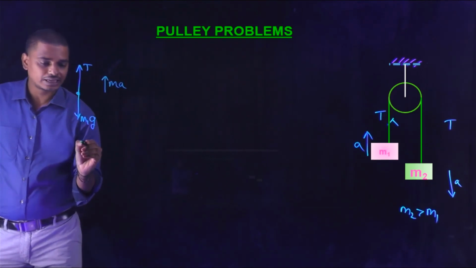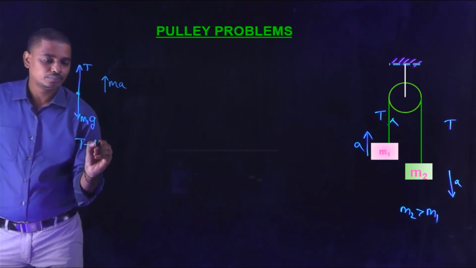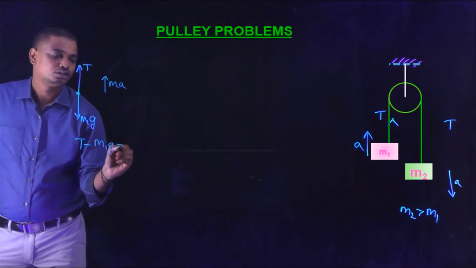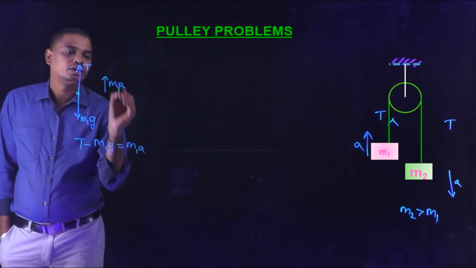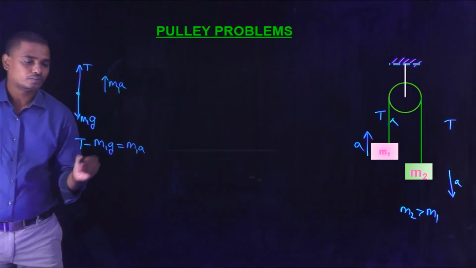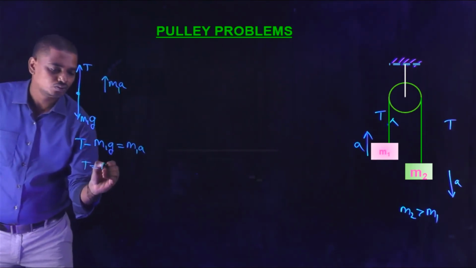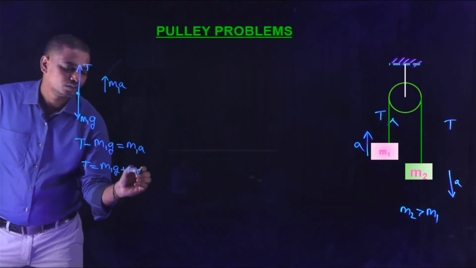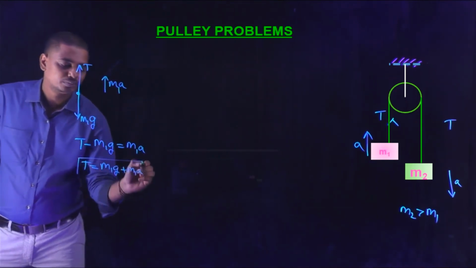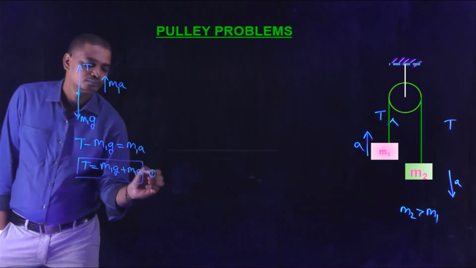So from this, the equation can be written as T minus M1G is equal to M1A, or T is equal to M1G plus M1A. Let it be equation number 1.